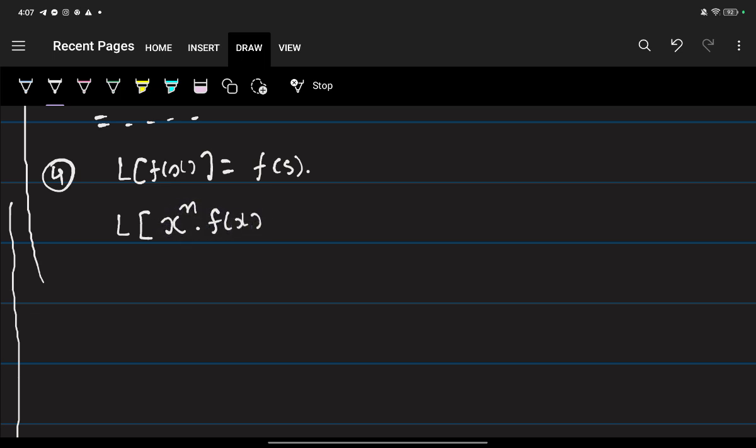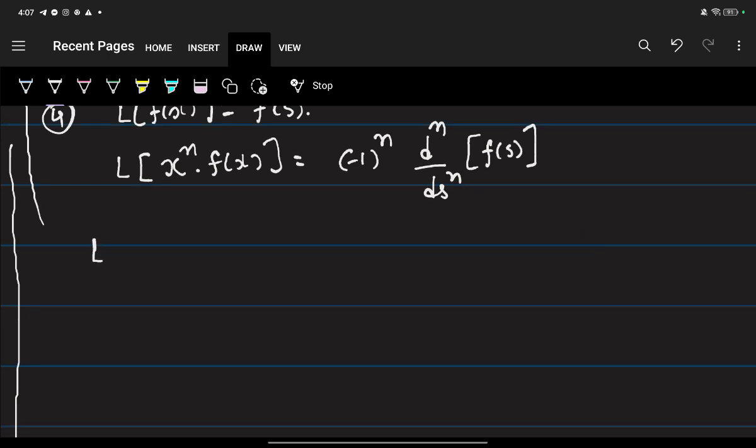That means if any function is multiplied by a polynomial, in that case the Laplace transformation is minus 1 raised to n, d raised to n by ds raised to n of F of s. This F of s is nothing but the Laplace transformation of the function. Let's understand this by taking an example.